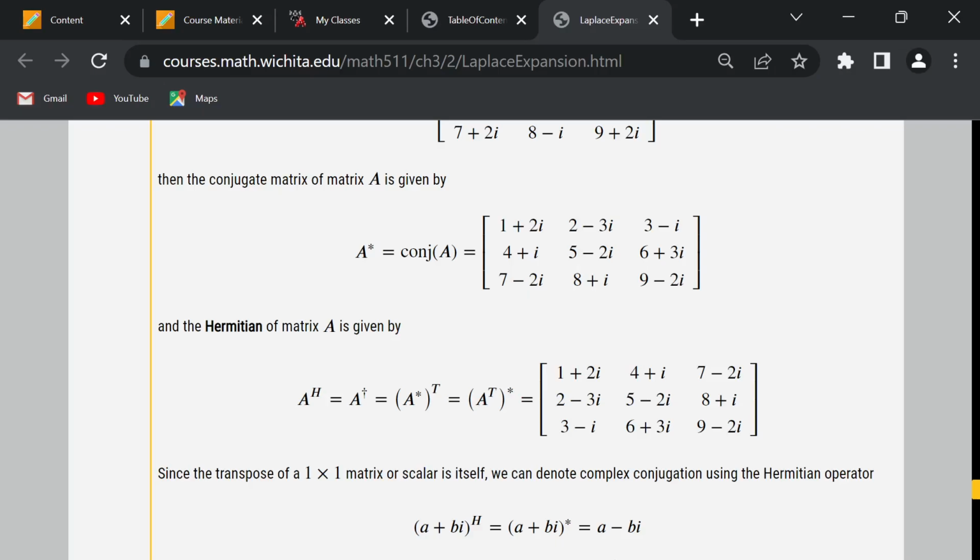The first column will be 1 plus 2i, 2 minus 3i, 3 minus i, which you see here. And the second column of the Hermitian will be 4 plus i, 5 minus 2i, 6 plus 3i. So you have to do both: conjugate every element in your matrix, and transpose the matrix. The thing is, doesn't bar over the top mean conjugate? But we use bar over the top to mean it's a vector, right? How are we going to fix this? I'm never going to use, in my notation, bar over the top to mean conjugate. Instead, it'll be Hermitian, because what's the transpose of a 1 by 1? Yeah, it's nothing. It's the same number.